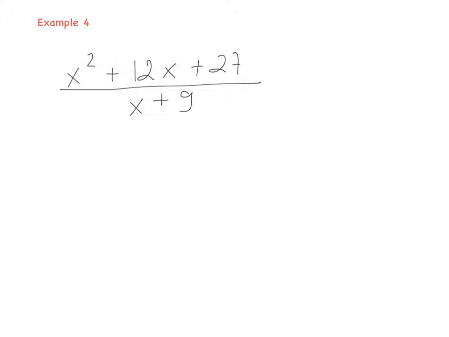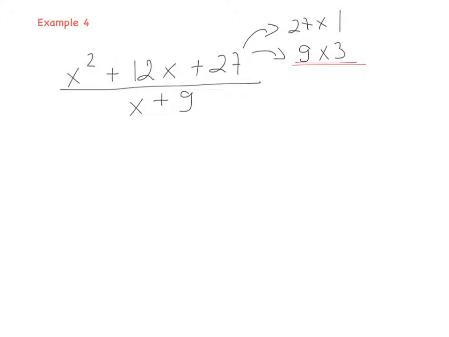When we add them up, we need to get 12, okay? 27 multiplied by 1 gives me 27, but when I add it up, 27 plus 1, I won't get 12. The other pair is 9 multiplied by 3, or minus 9 multiplied by minus 3, but this is positive, so they need to be positive. So 9 multiplied by 3 is 27, 9 plus 3 gives me 12, so perfect.